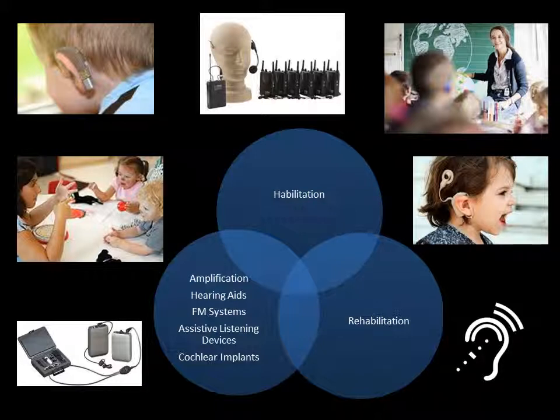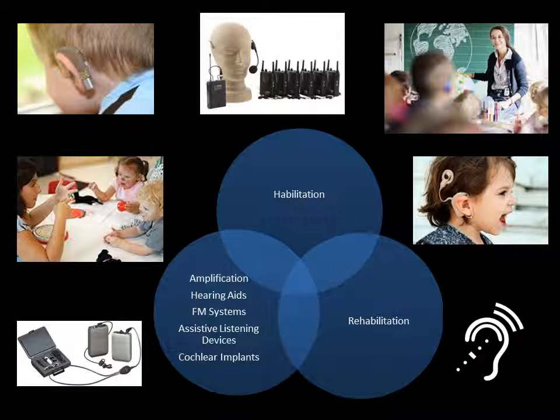And habilitation is they will be taught speech and language skills for the first time. So let's look at some ways that we habilitate or rehabilitate, whether it's for the first time or whether we're rehabbing something that was lost.